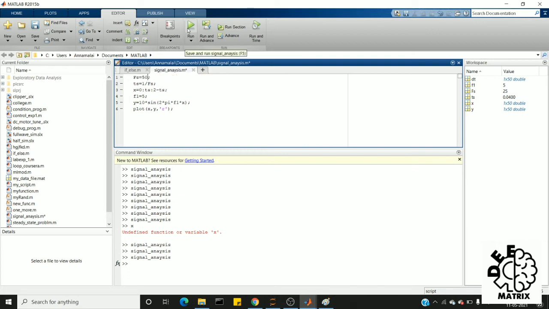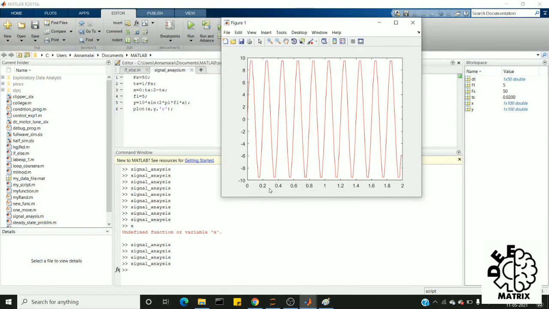So by increasing the value of fs, we are getting more improvement in our sine wave. It has clipped edges on the top and bottom. If it has a curvy structure, then we can say that it is a sine wave.